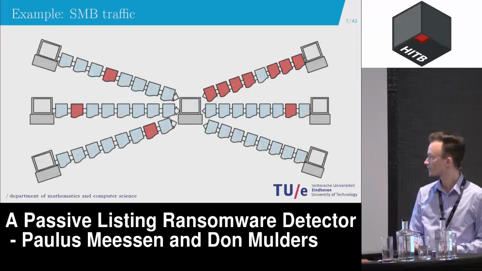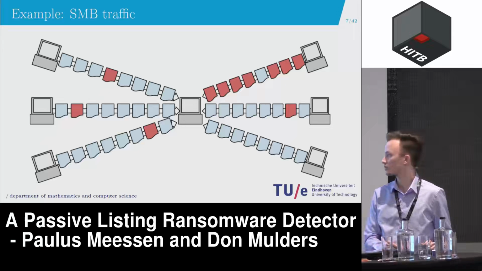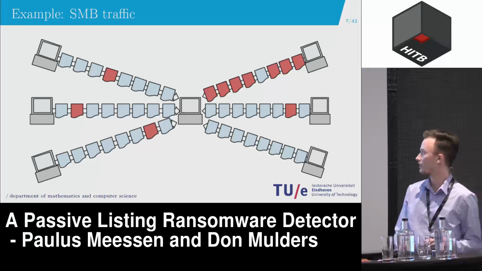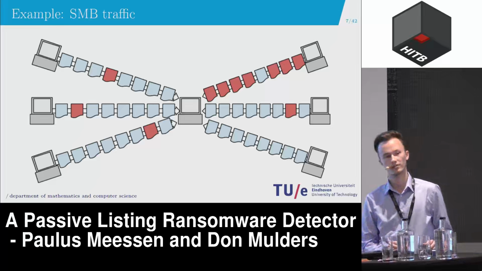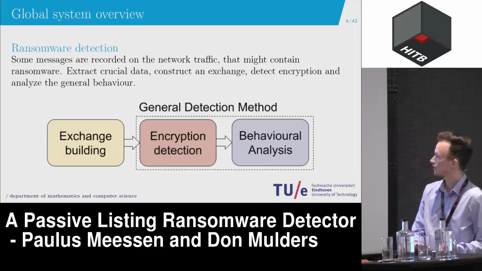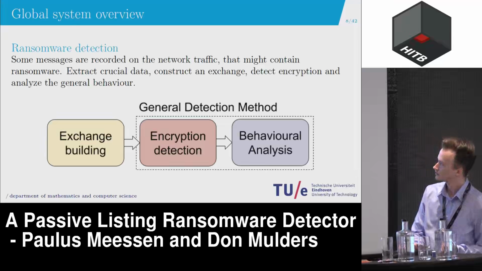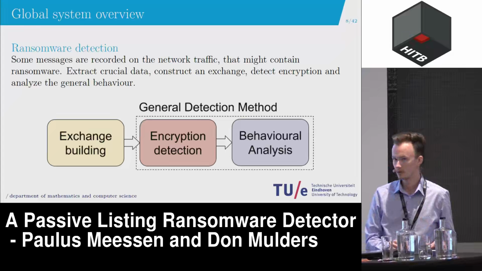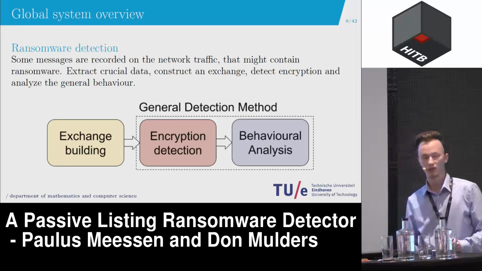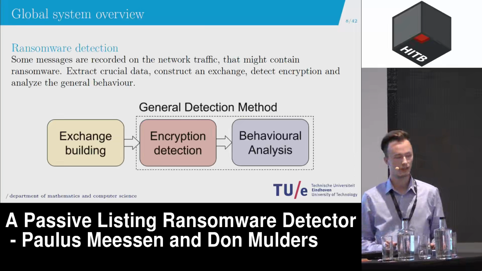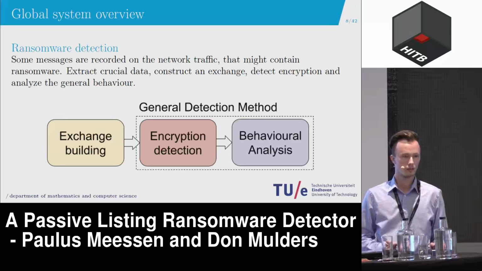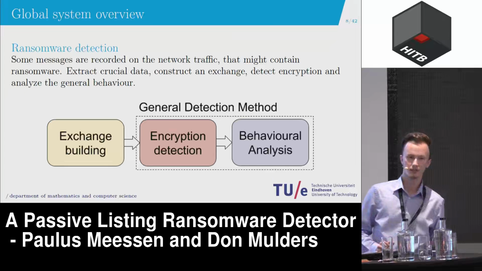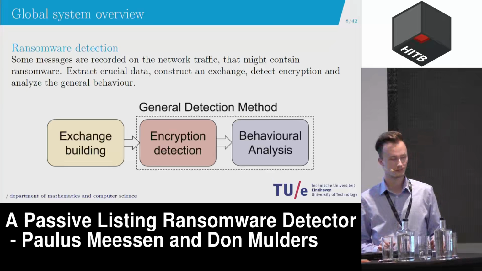But what if, in a network where you have a Samba share and a lot of hosts, and some people are sending encrypted information, which is all fine and dandy, there's one actor that sends a lot of encrypted data? In theory it could be fine, but in most cases this is actually a problem for us, mostly because we expect ransomware to display this sort of behavior of mass encrypting stuff.